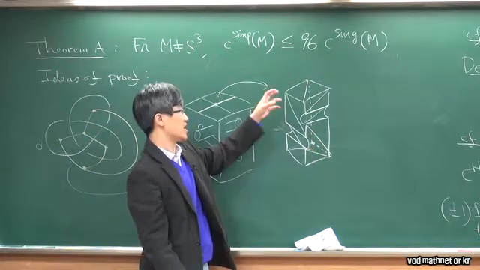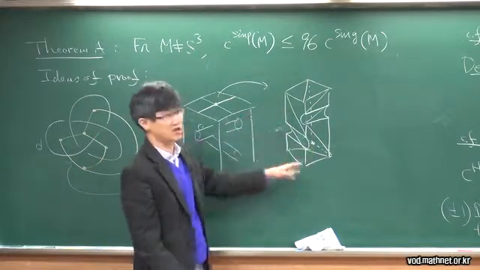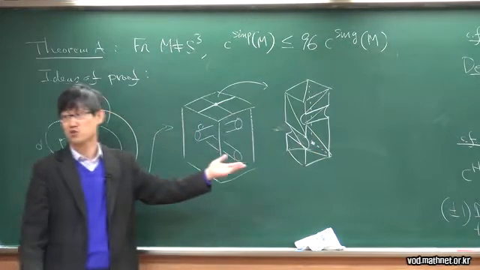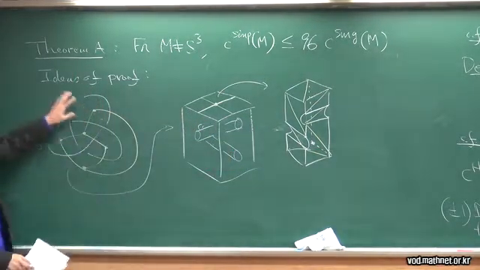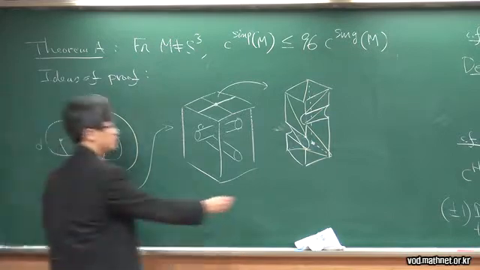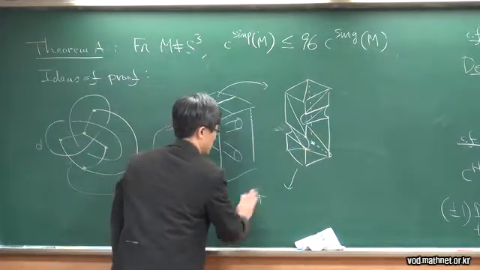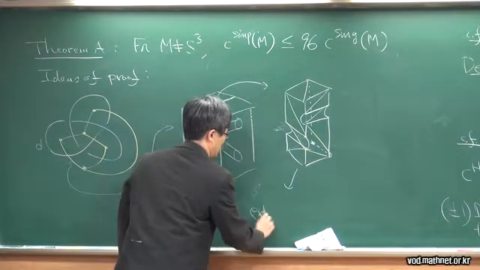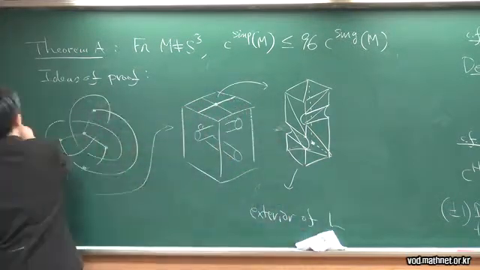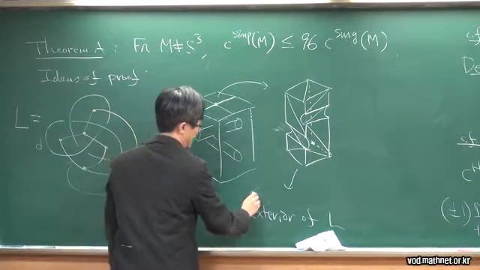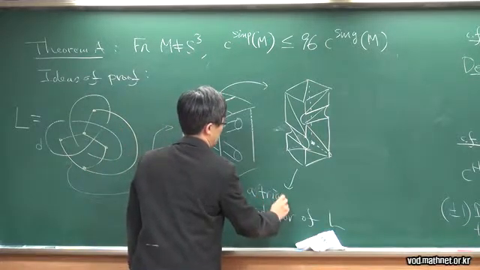So just take a cone of this two-dimensional triangulation to get a three-dimensional triangulation, and glue them to rebuild the exterior of my link. Actually, I get a triangulation in this way.